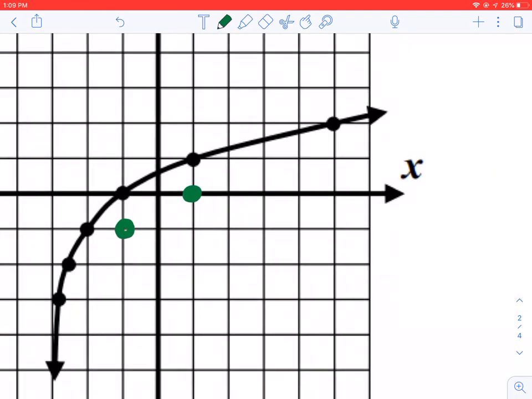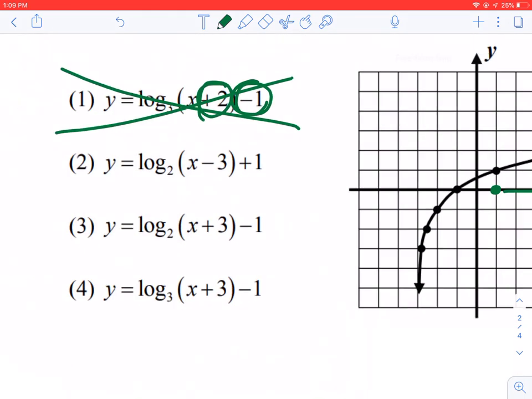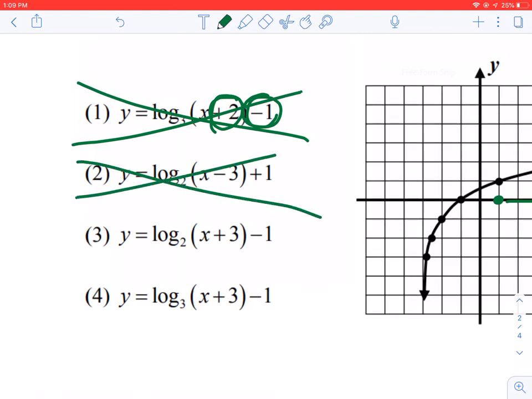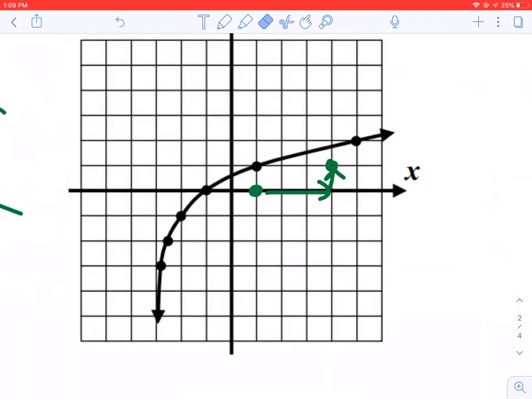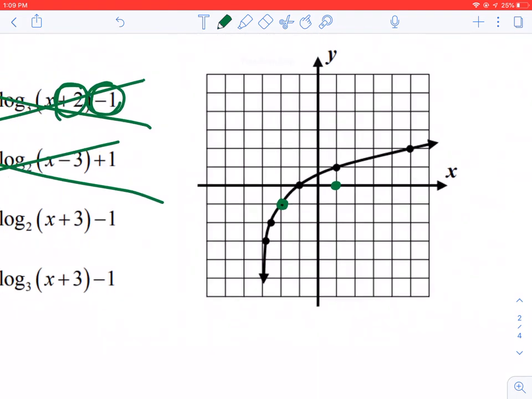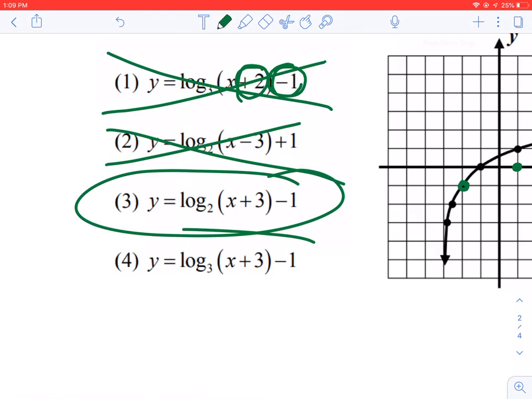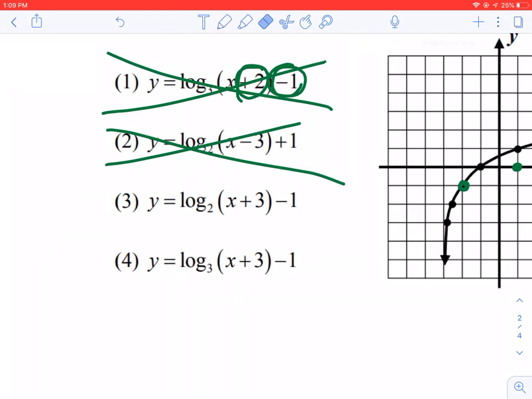So if I go 3 to the right and up 1 from my point 1 comma 0, 1, 2, 3, and up 1, I'm going to end up there, which again is not a point on my graph. So I know it's not choice 2. And then for 3 and 4, we're moving left 3 and down 1. So if I move left 3 and down 1, I end up at this point. And that's on both of them, so these are both potentially correct answers.